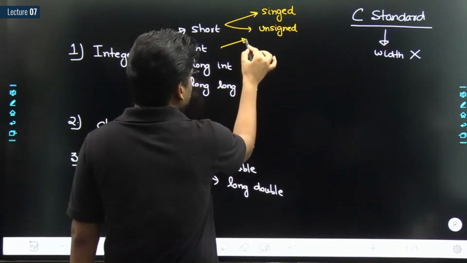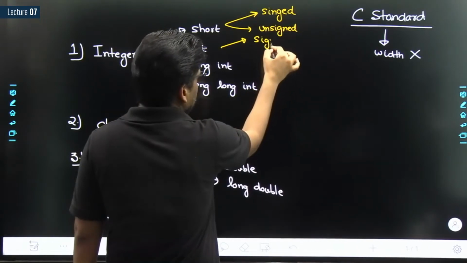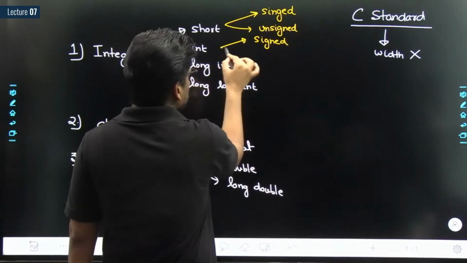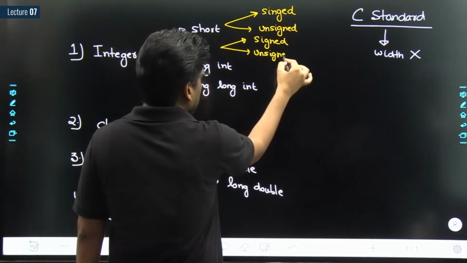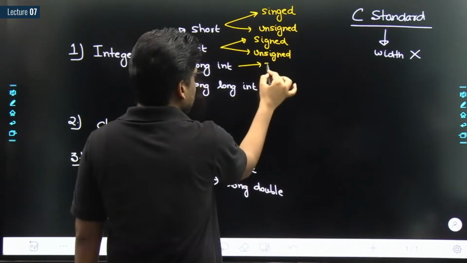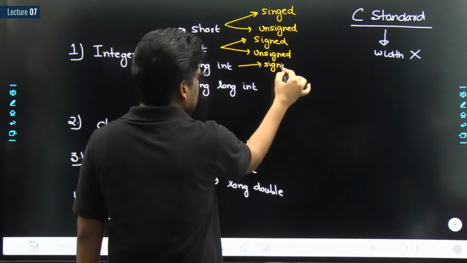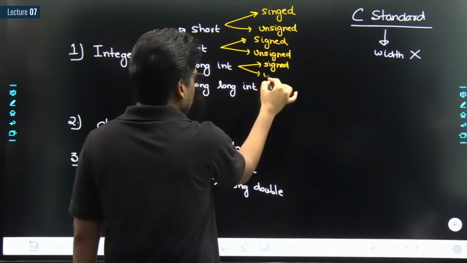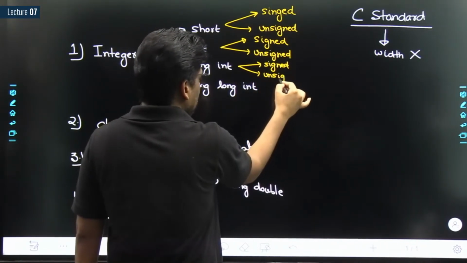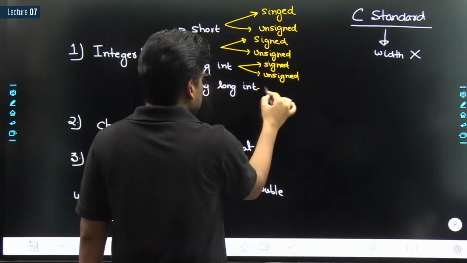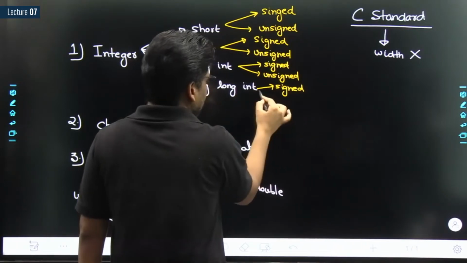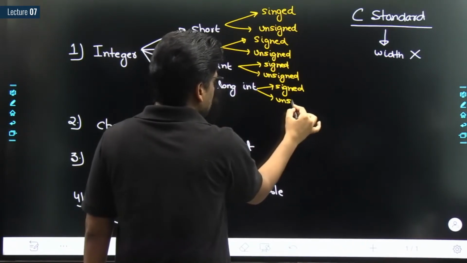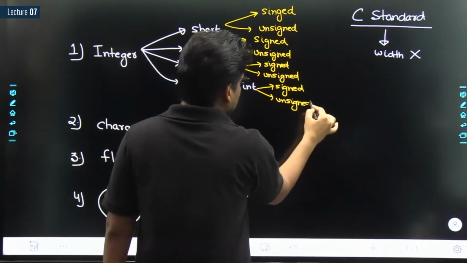Similarly, for int, we have signed as well as unsigned. Same for long int, signed and unsigned. Same for long, signed and unsigned. What do you mean by signed?